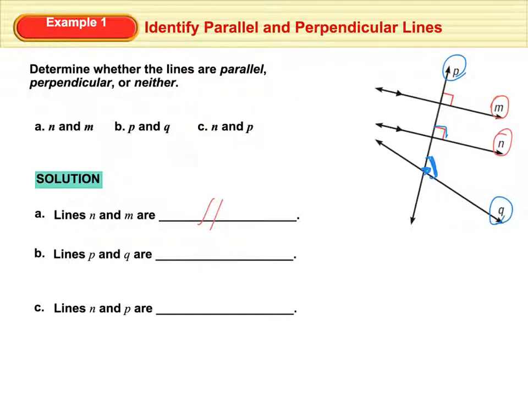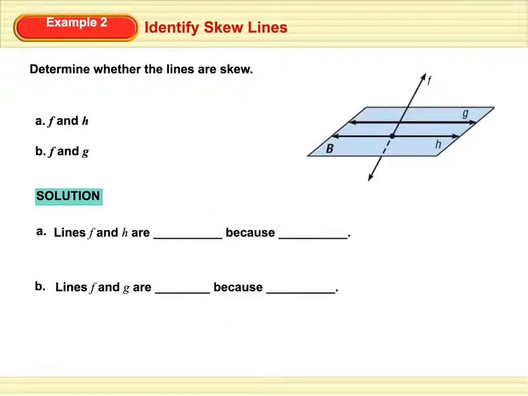So we say that they are neither parallel nor perpendicular. Again, my apologies for my chicken scratch. And then finally, N and P. N is right here, P is right there. They intersect right here and they intersect at a right angle. So they are perpendicular to each other. Okay?